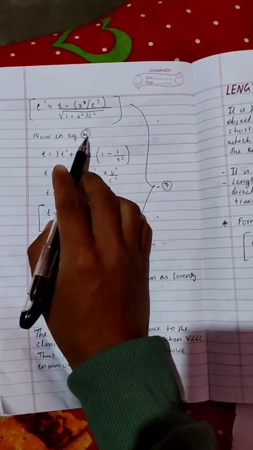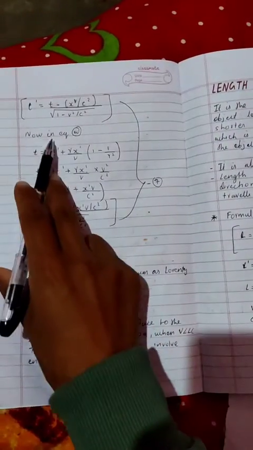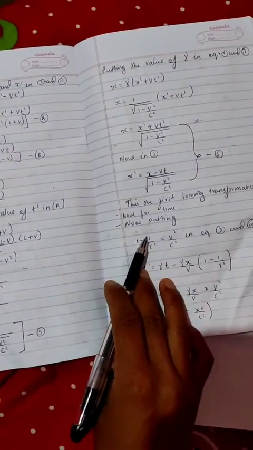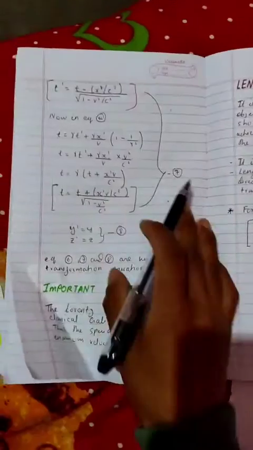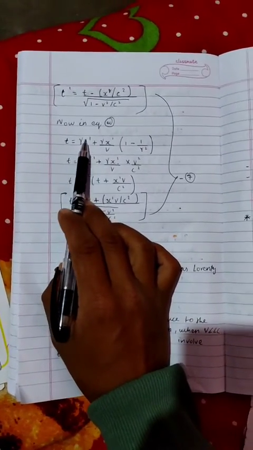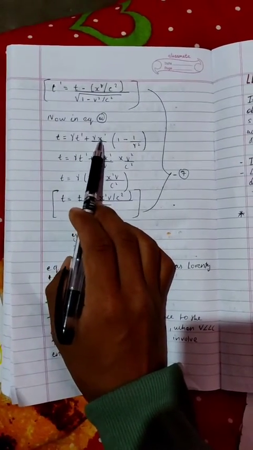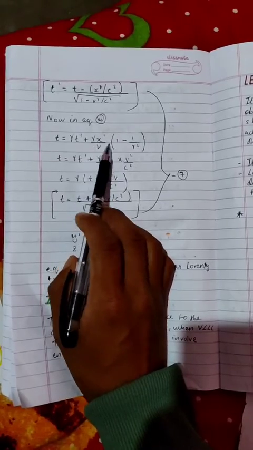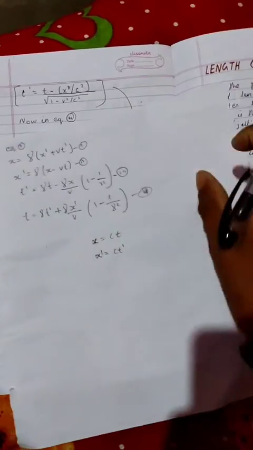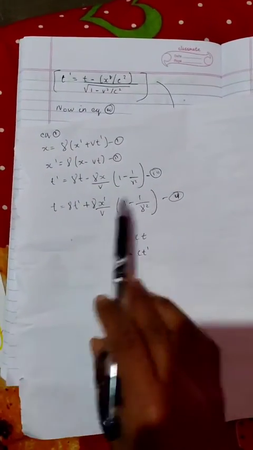Now in equation 4, we have to put this value. t equals gamma t prime plus gamma x prime by v times 1 minus 1 by gamma square. This is equation 4.